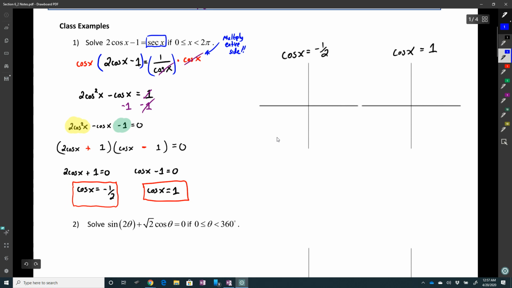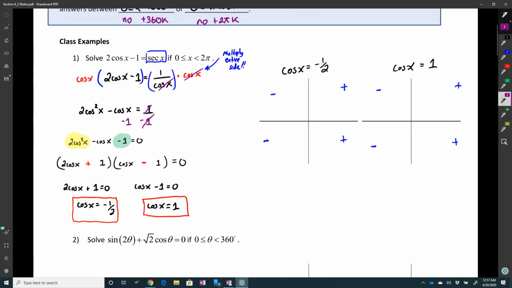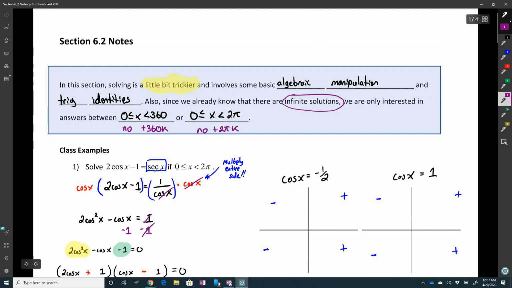Well, I know cosine is positive on the right, negative on the left. And for cosine of x to equal negative 1/2, again, that's where memorizing your trig tables will come in handy. Since I didn't write it at the start, I might as well write it now.